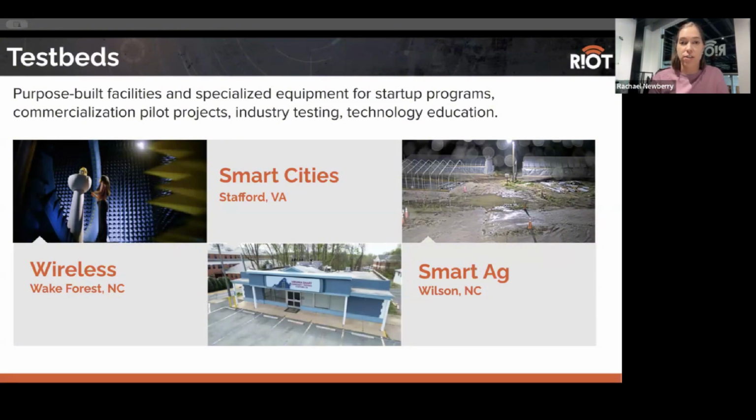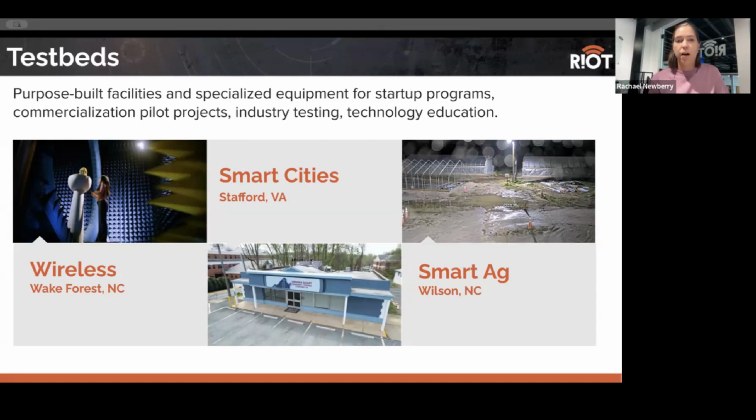So the Wireless Research Center is based out of Wake Forest, North Carolina, and they have state-of-the-art RF and antenna testing capabilities. Any hardware device that is being brought to market that needs to go through FCC certifications or other kinds of testing, our facility in Wake Forest can handle that. They also do some engineering services. So the WRC is a great resource.